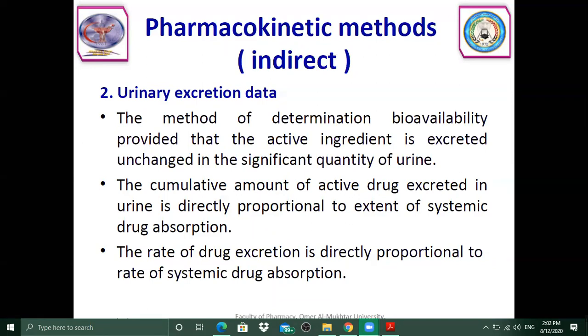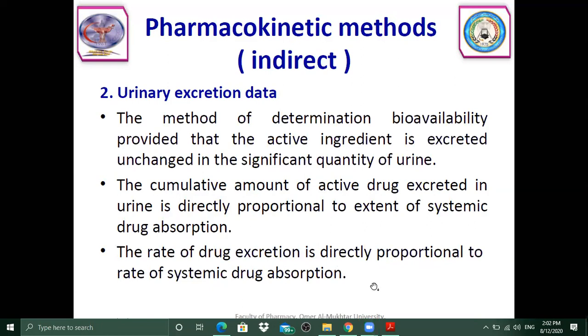Okay, so if I have given 100% drug, at 1 hour I am getting 20% of the drug in the urine sample, then I know that 80% of the drug is still there in the systemic circulation, right? So the cumulative amount of the active drug excreted in urine is directly proportional to the extent of the systemic drug absorption, right? So the rate of drug excretion is directly proportional to the rate of systemic drug absorption.